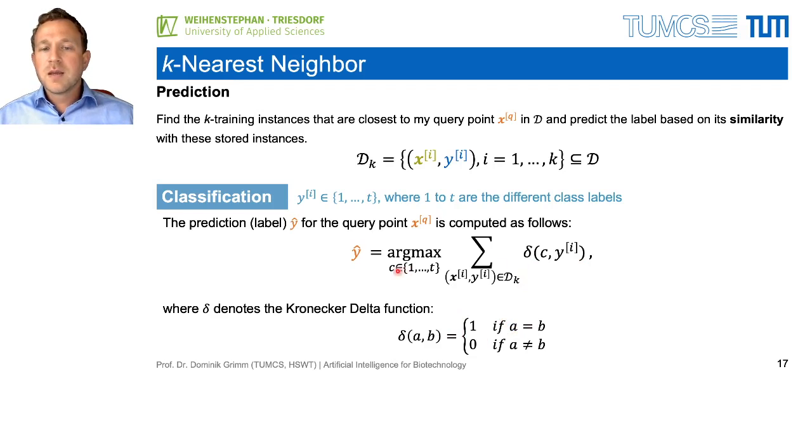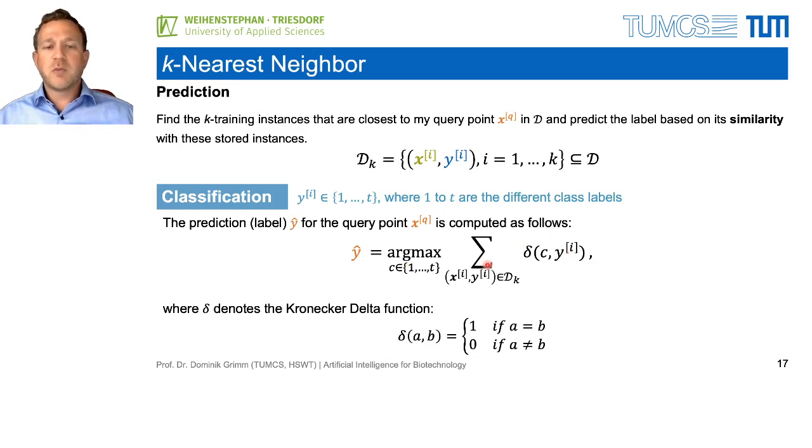This means, let's say I take the first class, then I compute the Kronecker delta of all the points in my sub-dataset dk, and I check how often I find class 1 among all the labels, and I sum this up for all the classes. So I get a number for all my t classes.